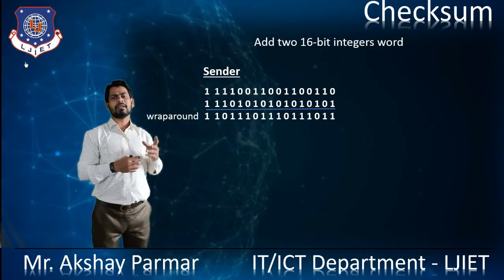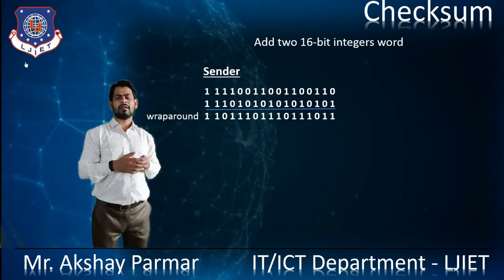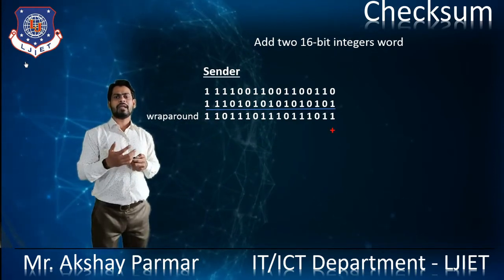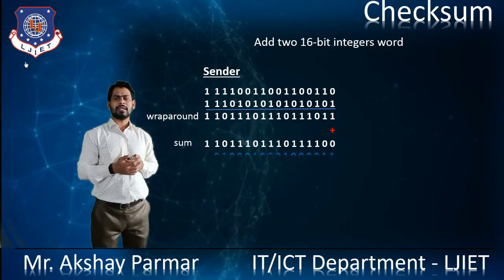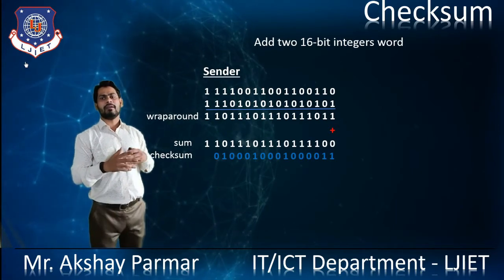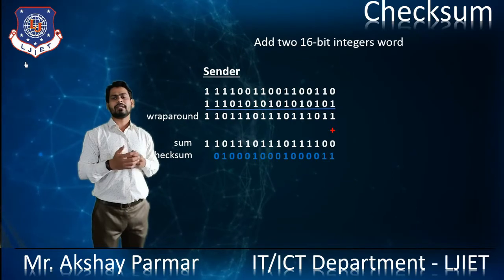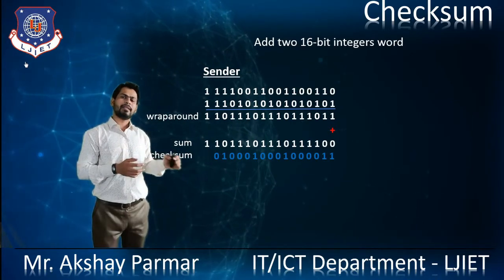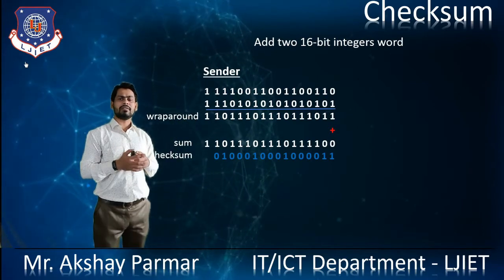So simply, we can complement the sum and get the actual checksum, right? That's how we get the checksum: by taking the one's complement of the wrap-around sum. That checksum is sent along with the data to the receiver end.